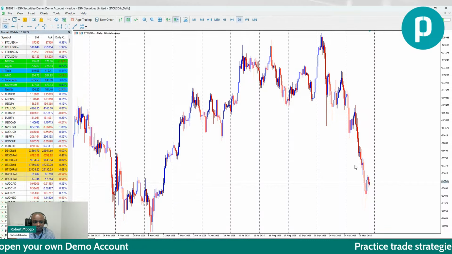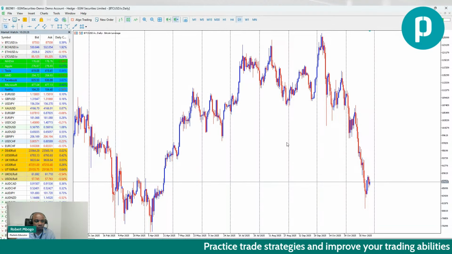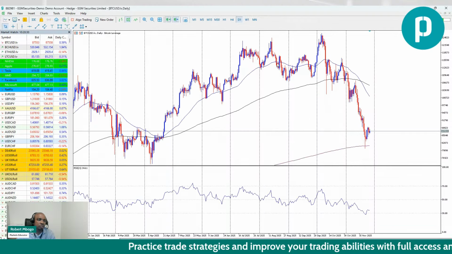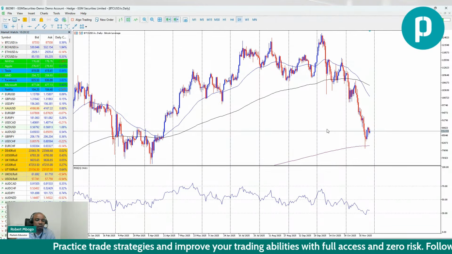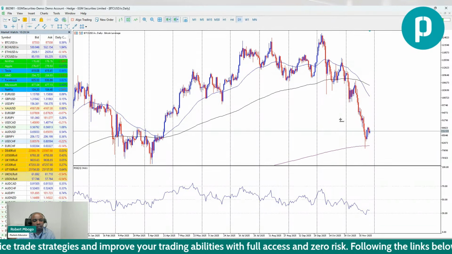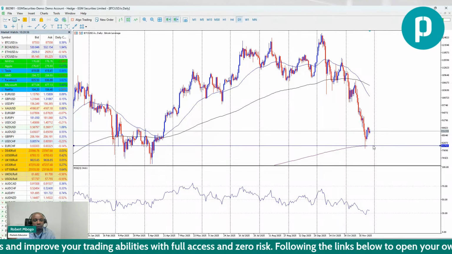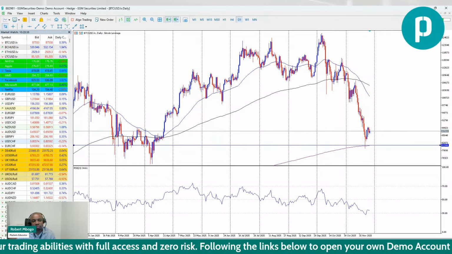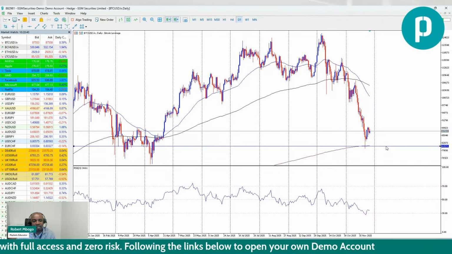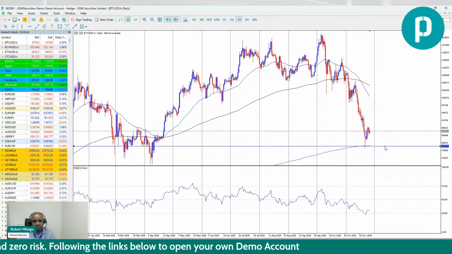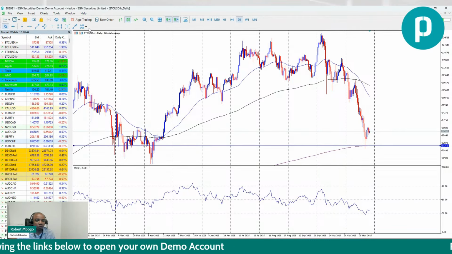There was a downward move. But the moment you add these tools, you're able to see that apparently there was a moving average at the bottom that acted as support, and so that led to that bullish move on Bitcoin.